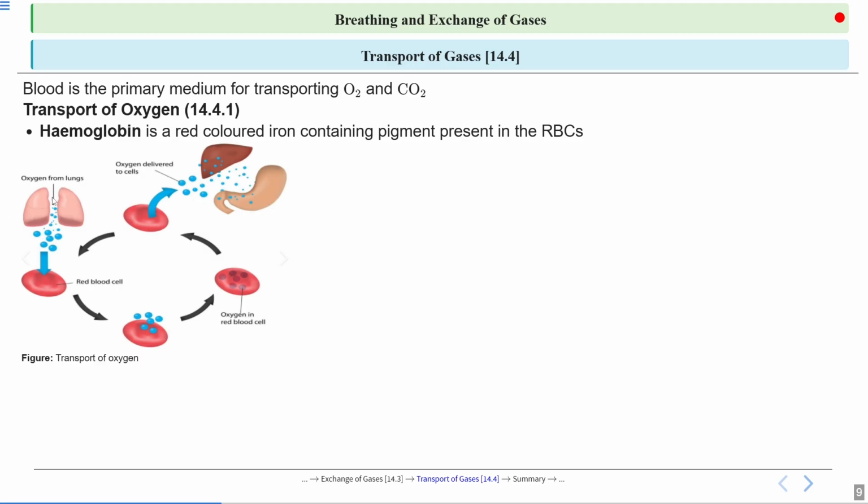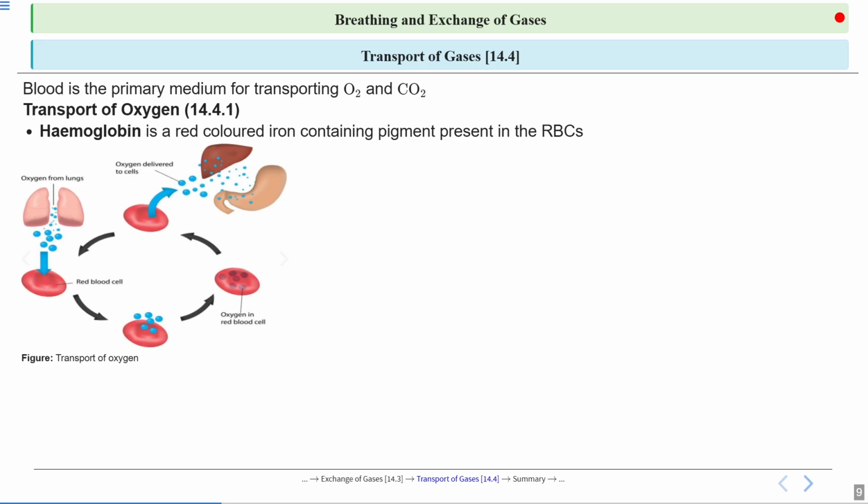Here is the lung, the organ, and here oxygen is being taken up by this RBC. One hemoglobin molecule can take 4 molecules of oxygen. Am I repeating again?